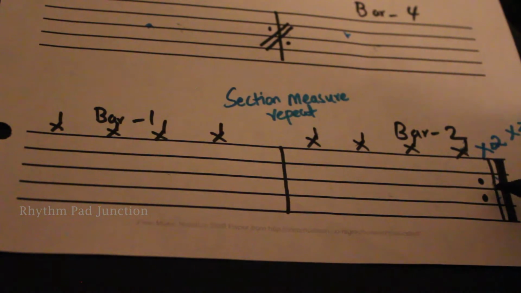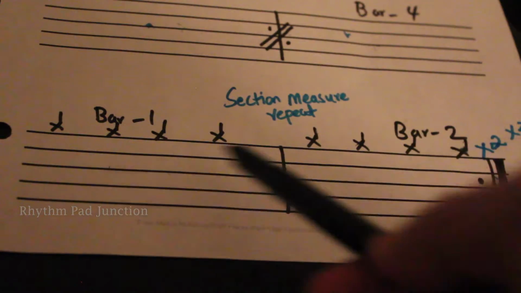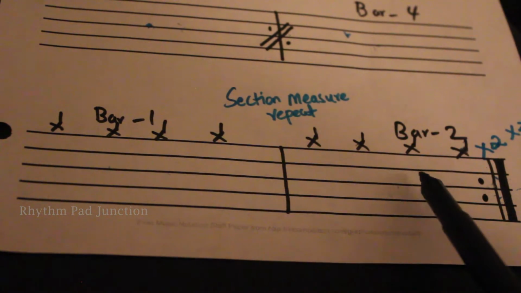So if we put that here at the end of bar 2, it means we go back to bar 1 and play it one more time. The thin line and thick line means end of section, but we also have this colon sign, which means we need to repeat this one more time.